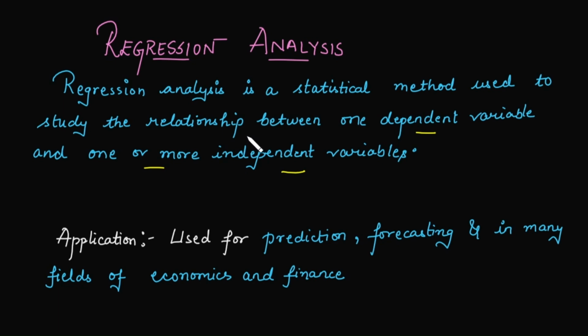So in regression, one variable is considered as the independent variable, whereas the second variable is considered as the dependent one. It is generally used in prediction, forecasting, and in many fields of economics and finance.